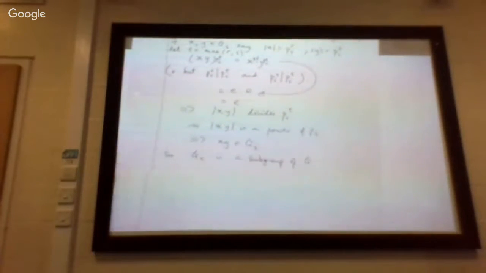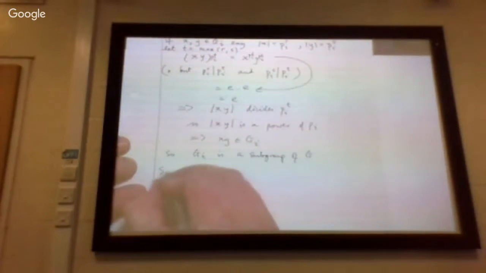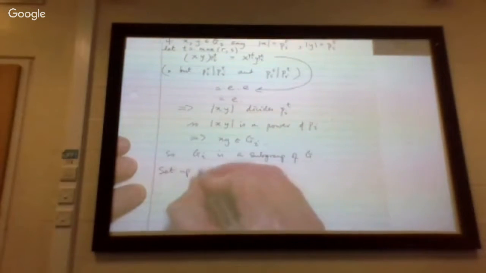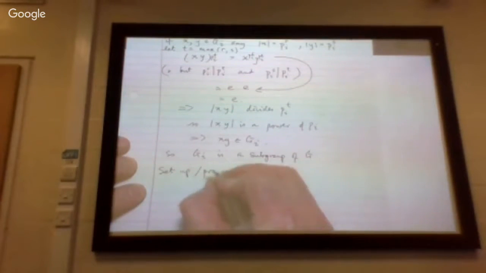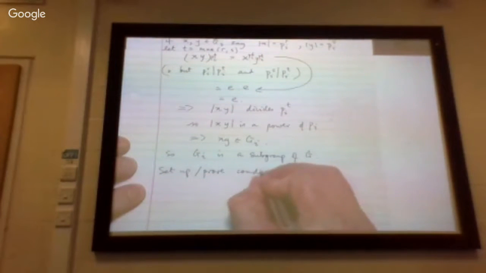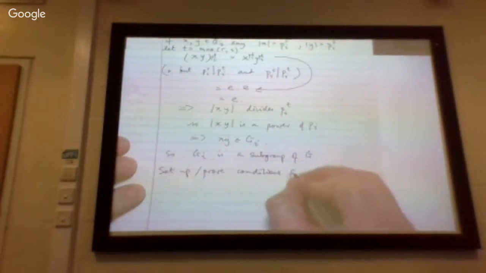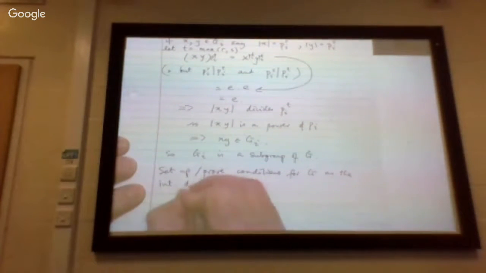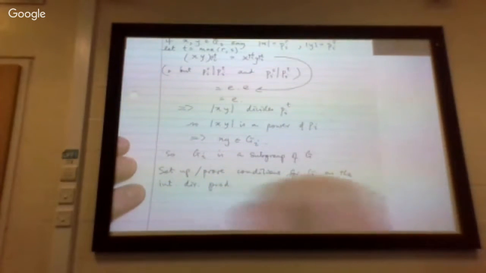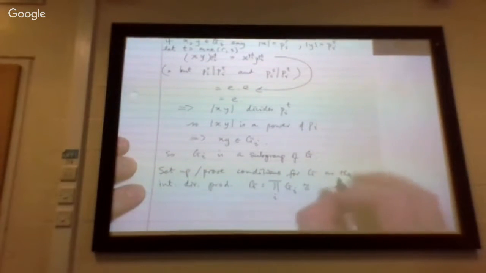So first of all, now we want to set up or prove the conditions for G as the internal direct product, G being the product over i of all the Gi's, which is isomorphic to G1 cross G2 cross all the way to Gk.